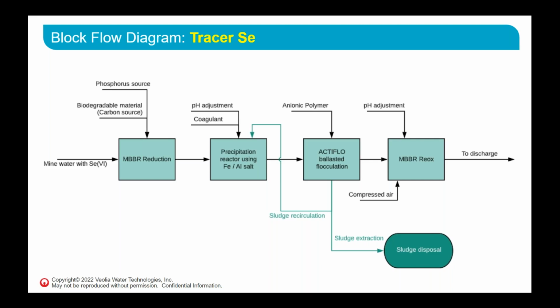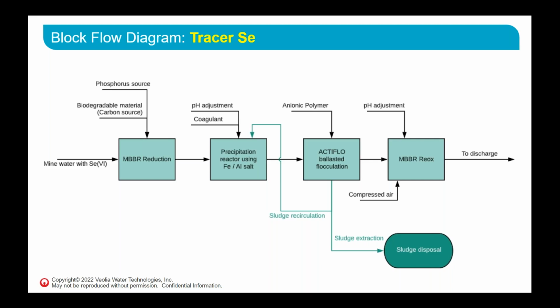It's just a little MBBR reactor with a very fast kinetic to remove easily biodegradable carbon and to put oxygen back in the water. And we also found out that there will be a little bit of organoselenium produced within the denitrification reactor or the reduction MBBR.